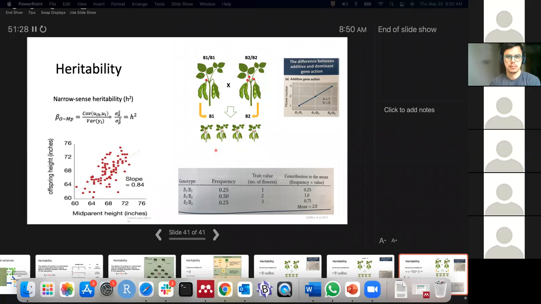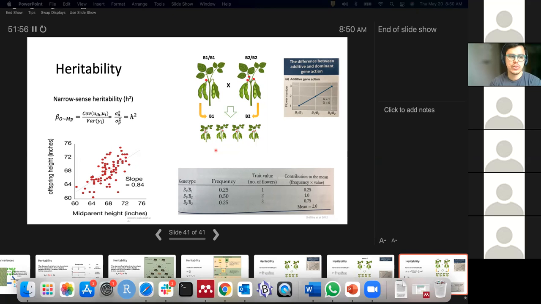I guess that is the narrow sense heritability, right? Yes. So now, does it mean that to get the narrow sense heritability, you just regress the offspring value against the mid-parent value only, or are there some other explanatory or independent variables that have to be included?